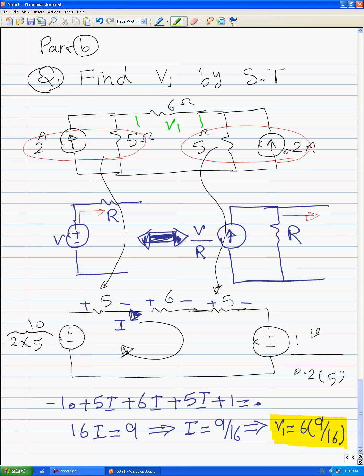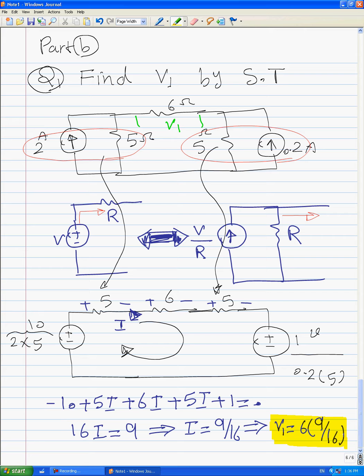Of course, you can use, for example, only KCL and KVL rules for this circuit, and you can use, for example, superposition technique. It's a useful way in order to understand all of the techniques for circuits.